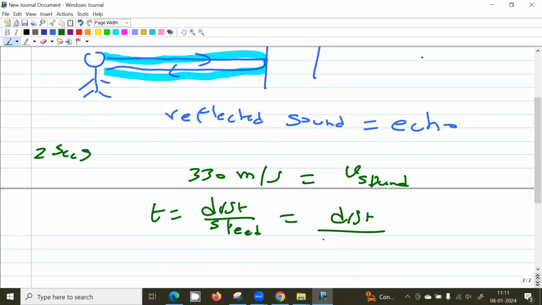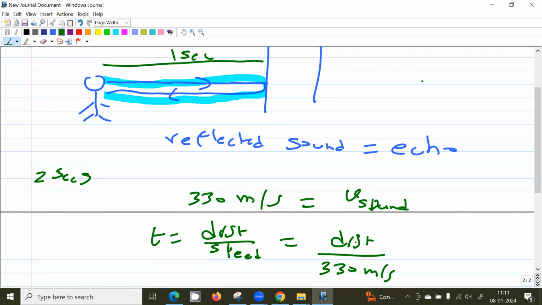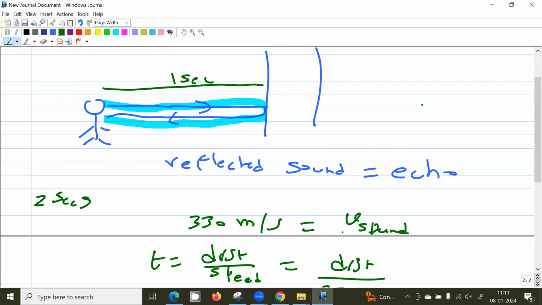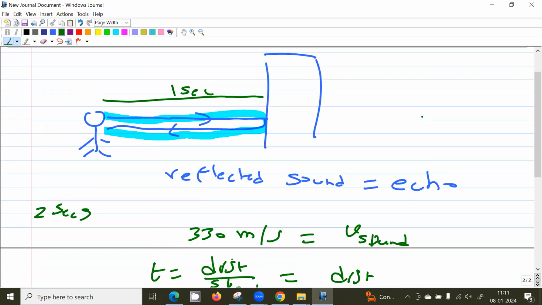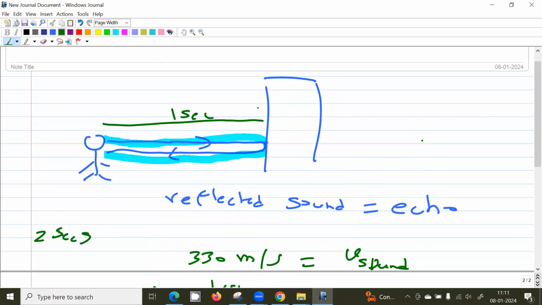And the speed of sound is 330 meter per second, and the time is 1 second here, because 2 seconds is for going and coming back. So the distance now will be 330 meters.